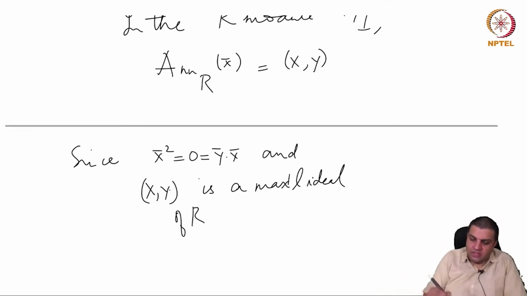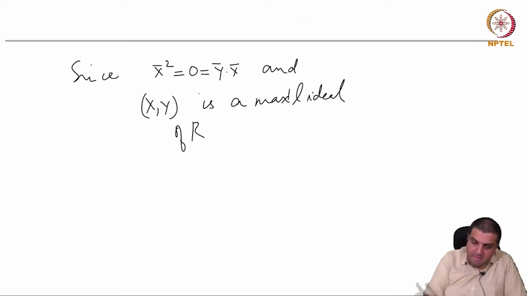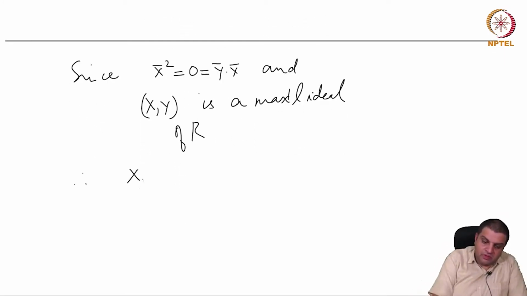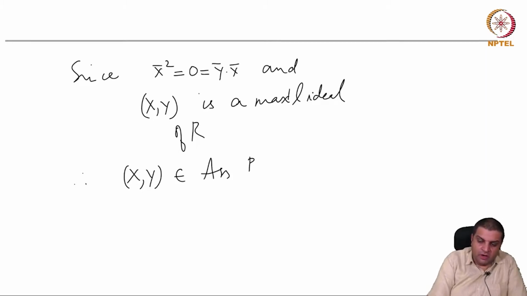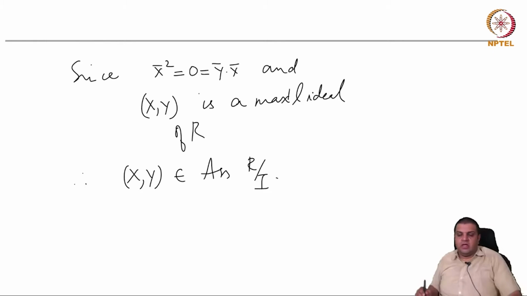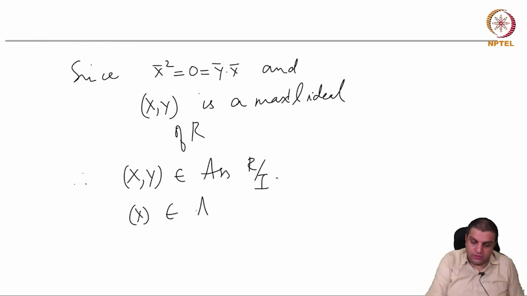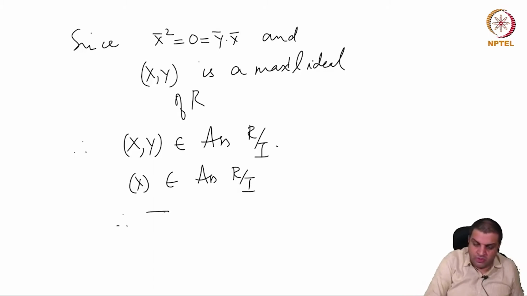Therefore (x, y) is associated to R mod I, and of course the minimal prime (x) is also associated to R mod I. So there are two distinct associated primes, and therefore I is not (x)-primary.